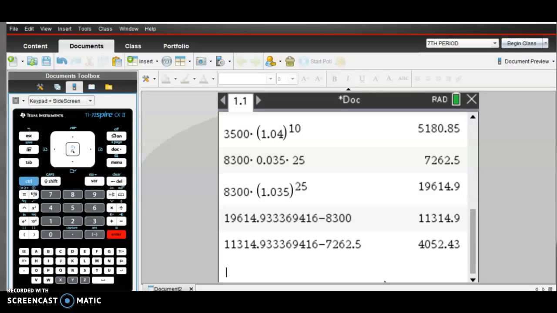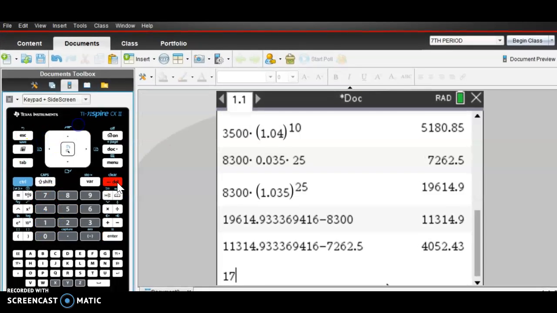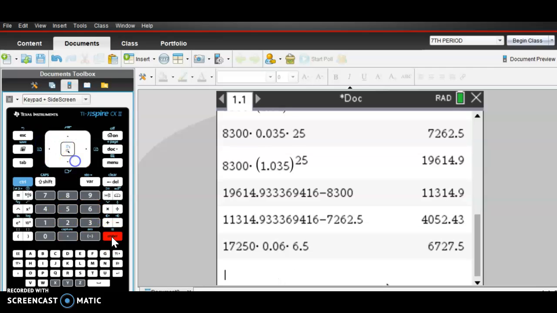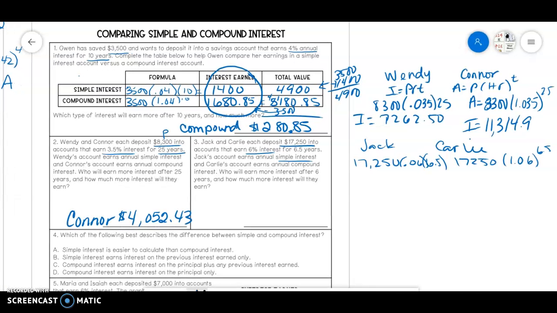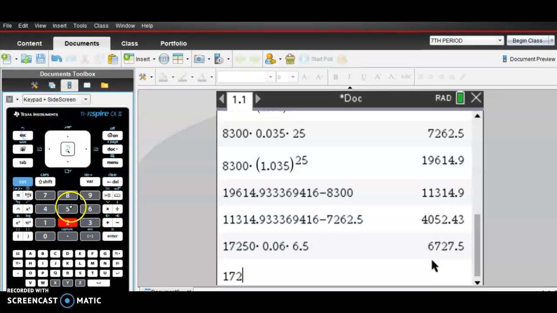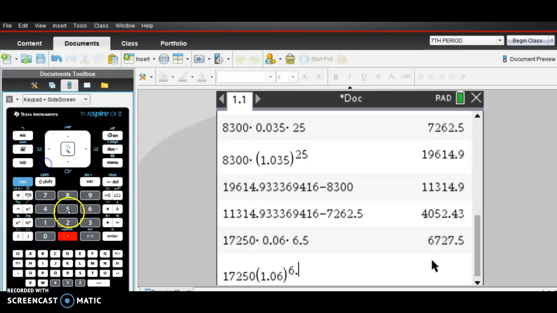So when we plug these into the calculator, 17,250 times 0.06 times 6.5. So Jack is going to earn $6,727.50. So we can write that in here.